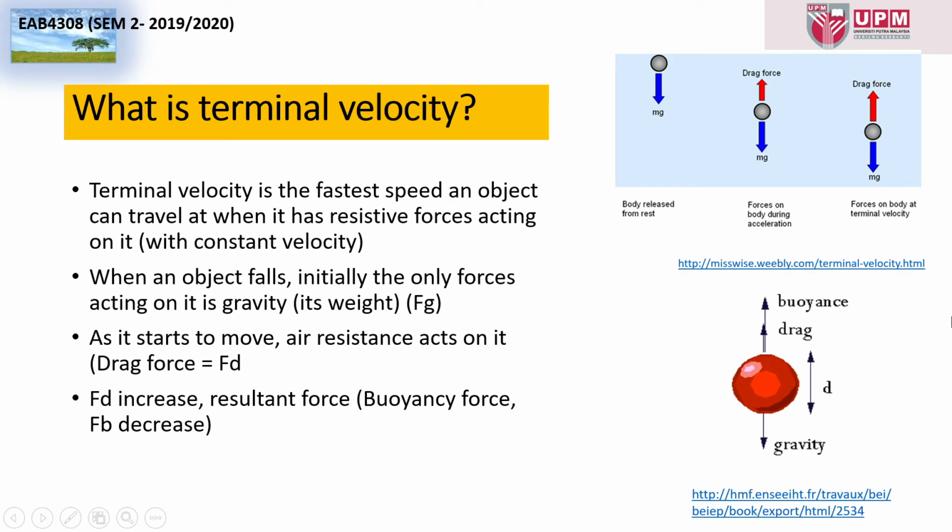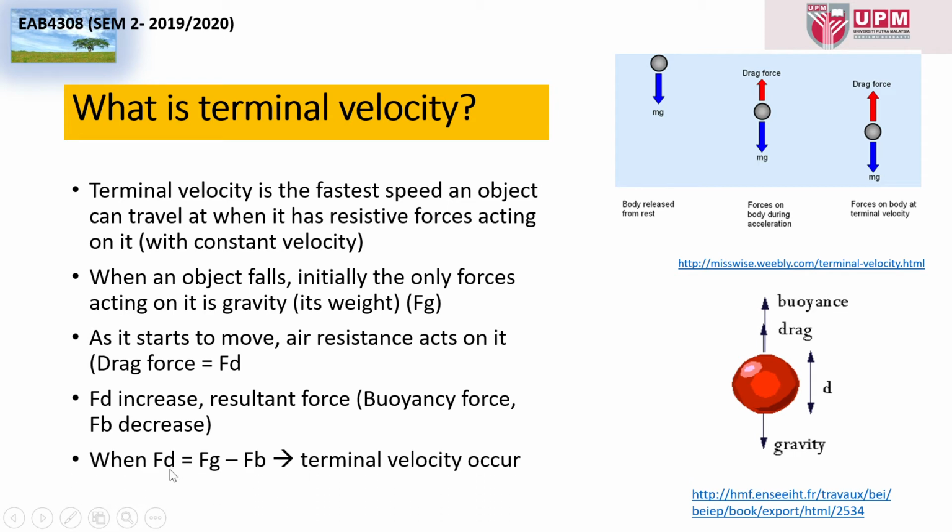Fd will increase in time, and the resulting force, which is the buoyancy force, Fb, decreases. From this one, you see there is buoyancy force. It's also decreasing as drag force increases.